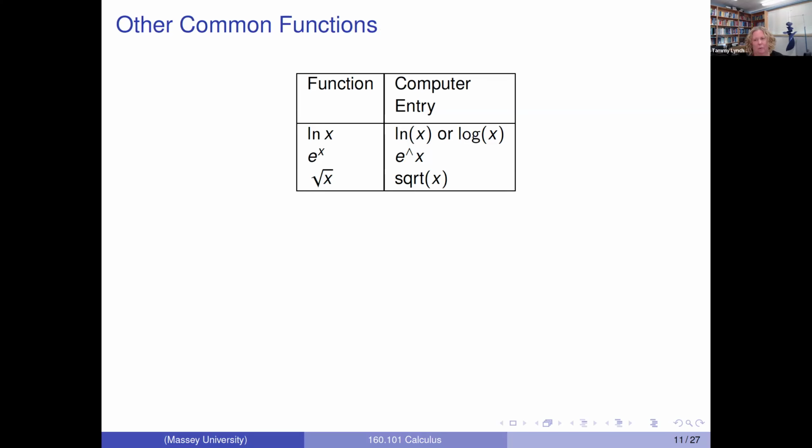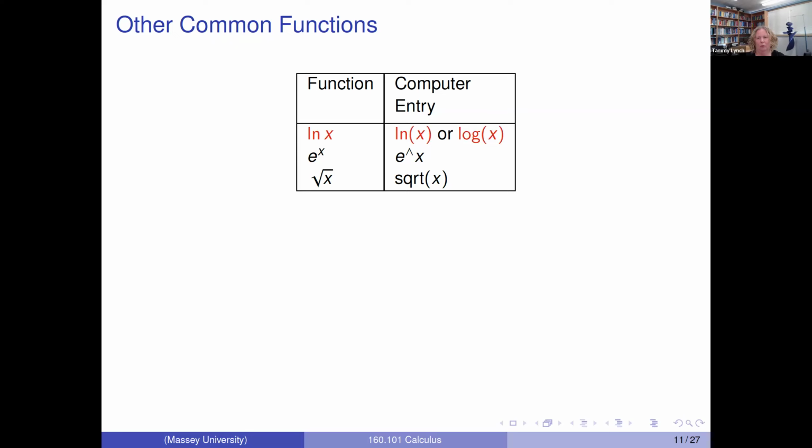We also have several other functions that you'll know from school, including the natural log of x, the exponential function e to the x, and the square root of x. So we'll talk a little bit more about these as the course goes on. But for this video, we're going to just focus on how I can type that into a computer.